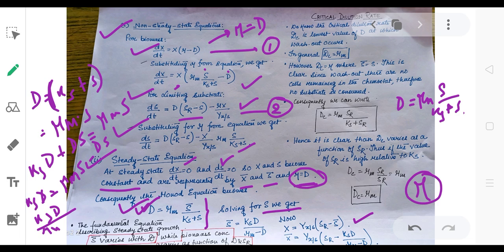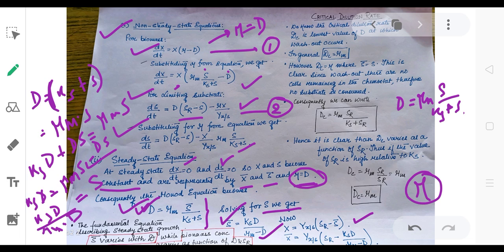So s is equal to ksd divided by mu m minus d. You just solve this equation by simply cross multiplying d with ks plus s is equal to mu m s, right? And then you just solve for the s. You get s is equal to ksd divided by mu m minus d.